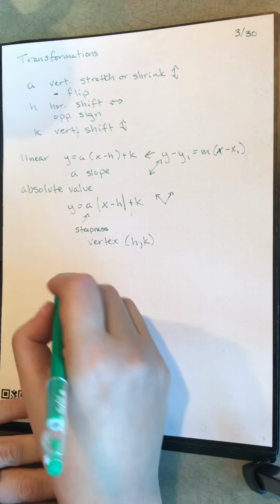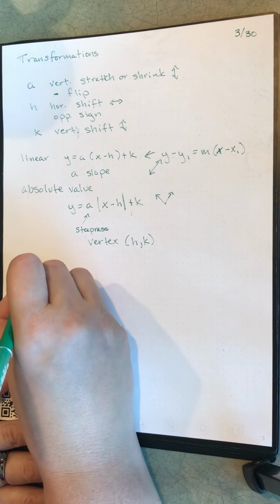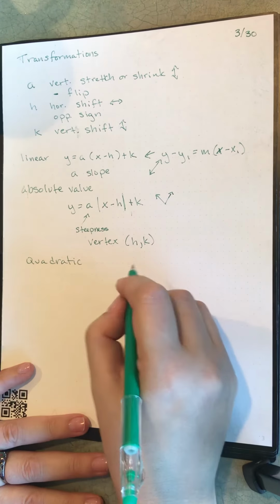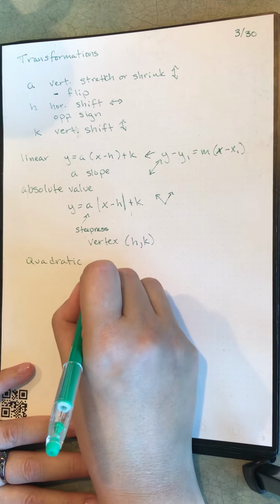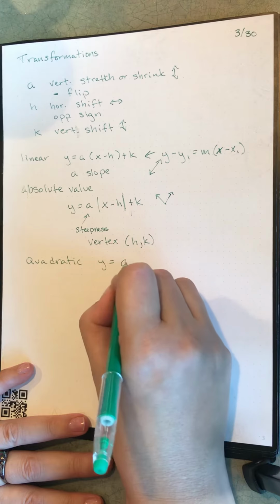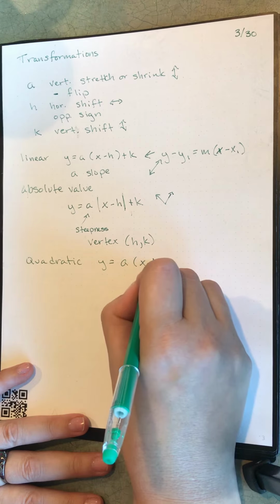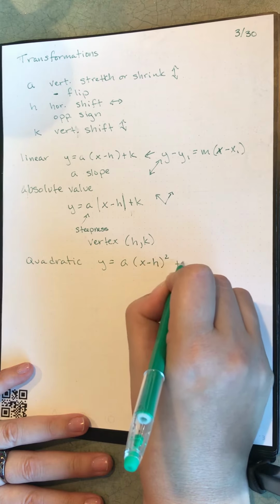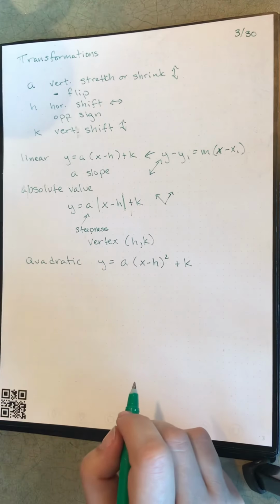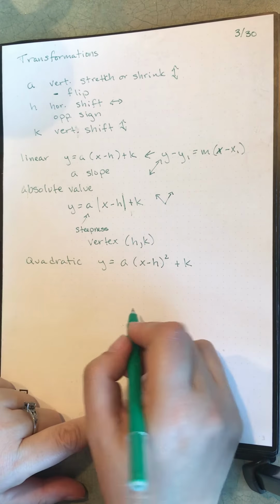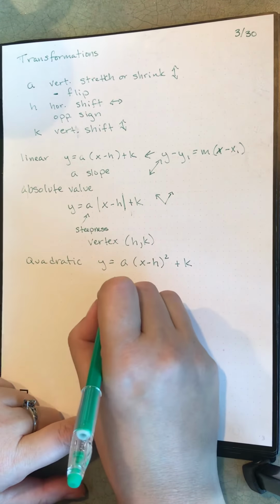Quadratic. We have y equals a times x minus h squared plus k. And again, A is going to determine how fast we go up.